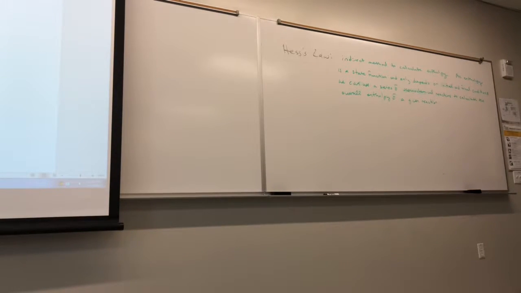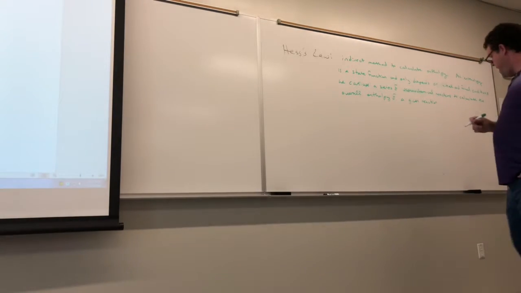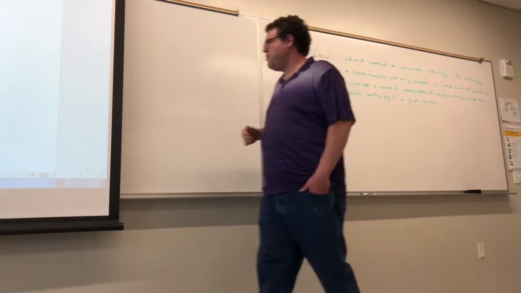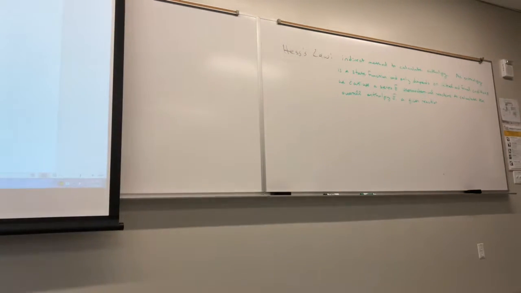Now, even though the reactions may not look exactly like what I've got on the top, there are ways to manipulate them, okay? And so there are several ways to approach these problems, but here are some general guidelines, okay?